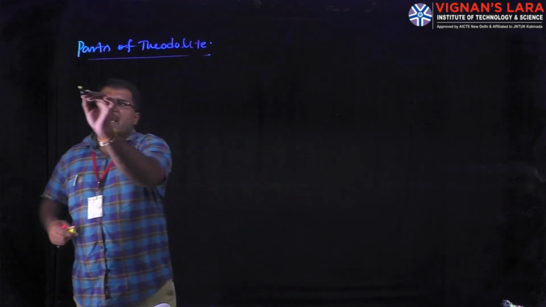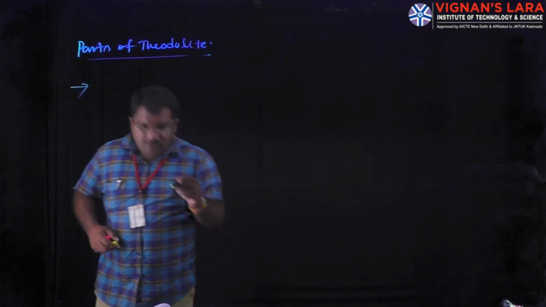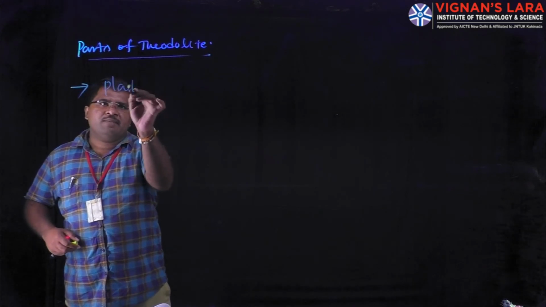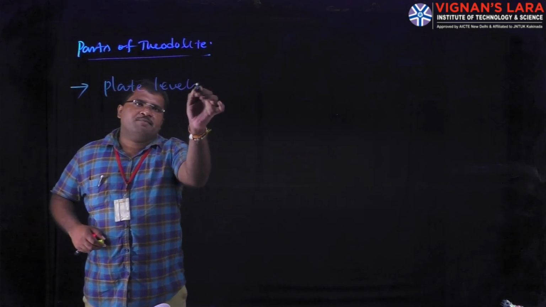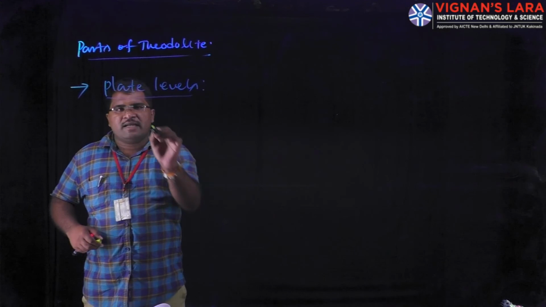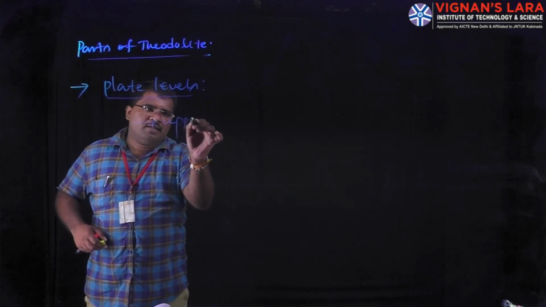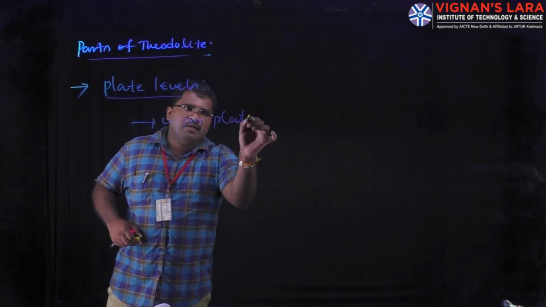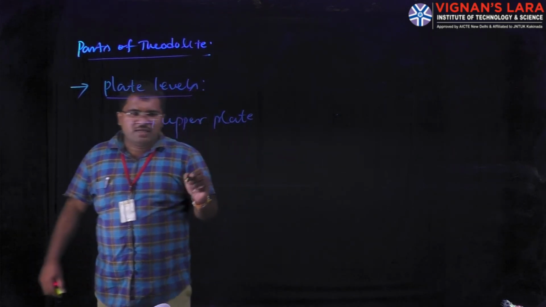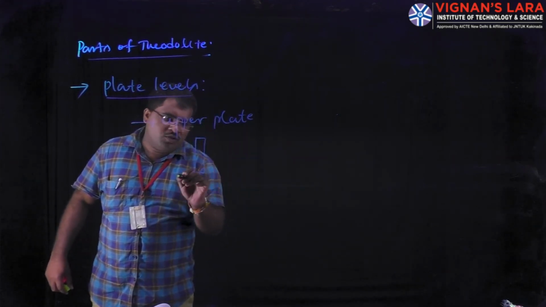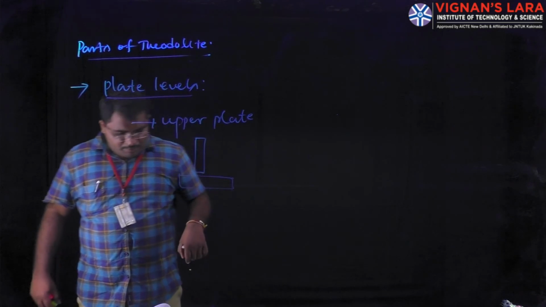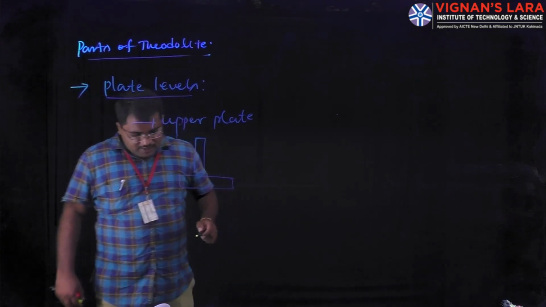Next we will have another part, that is the plate levels. The plate levels are attached to the upper plate. Here we have two levels, both perpendicular to each other, right?